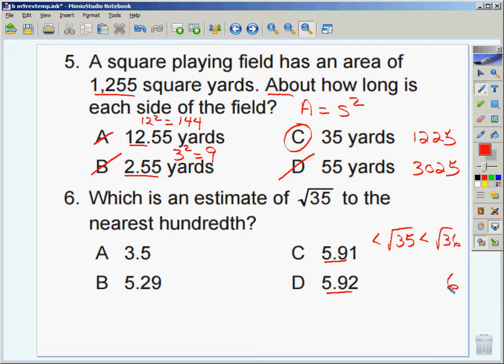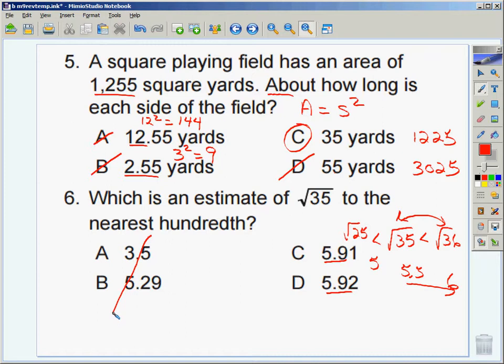And we know that the square root of 25 is 5. It's much closer to this 36, but it's definitely between 5 and 6, and it's more than halfway up, so it's between 5.5 and 6. That eliminated A and B as an answer.